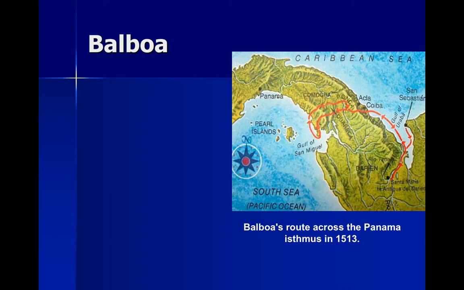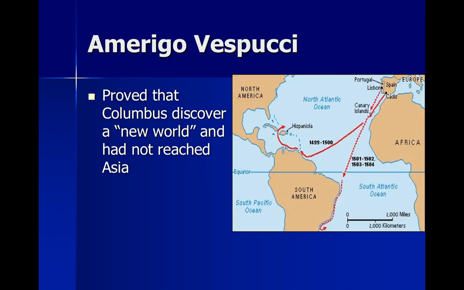It was Amerigo Vespucci who was the one who found out that Columbus didn't reach Asia. He sailed around some of the places where Columbus was originally, and he said, man, Columbus did not find Asia. This is new territory. You could see the red line there, where Amerigo Vespucci's searching around, and that's the area that he searched.